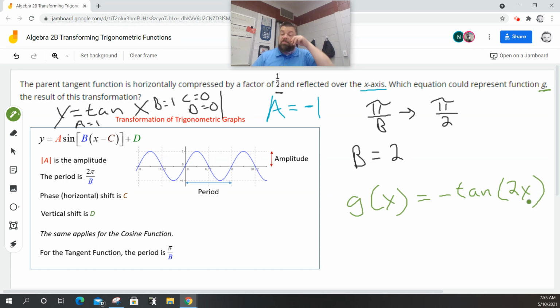Remember, C shifts it horizontally, and D shifts it vertically, and it didn't say anything about shifting horizontally or vertically. So this is our answer right here.